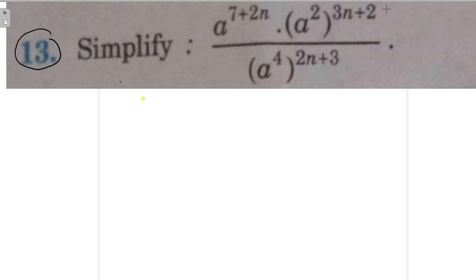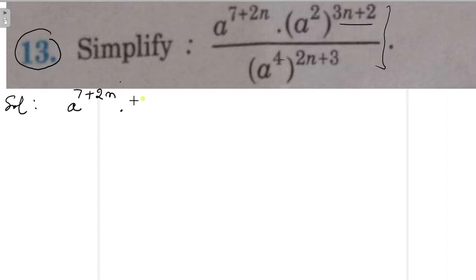So here is the solution. The question is given here. I am going to start right from the next step. In this question, a is raised to power 2, whole power 3n plus 2. So we will multiply this by this and this by this. So a raised to power 7 plus 2n.